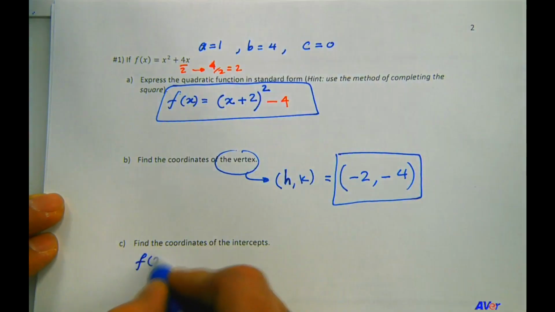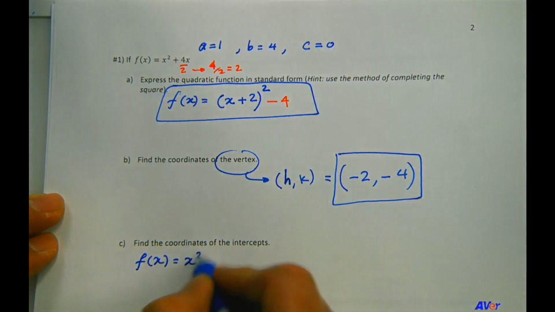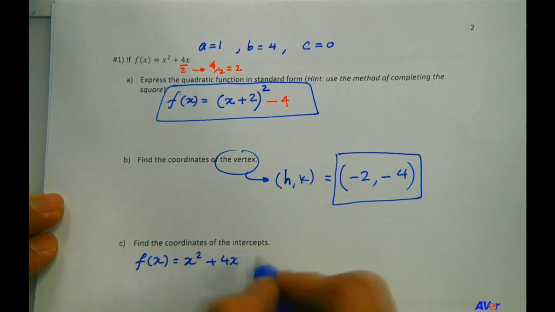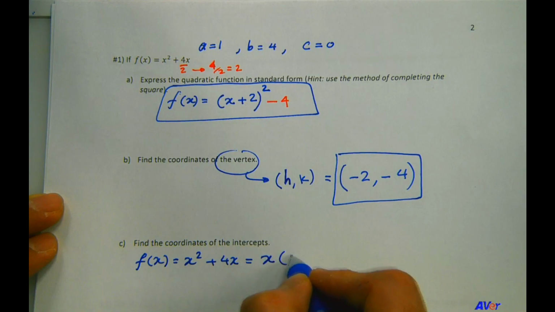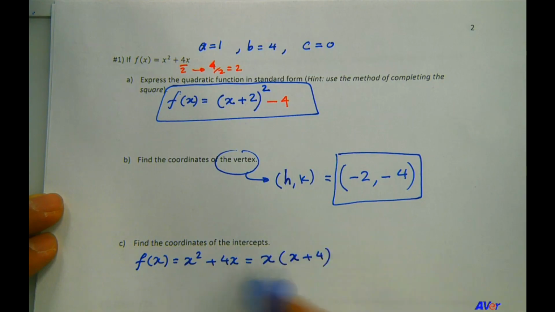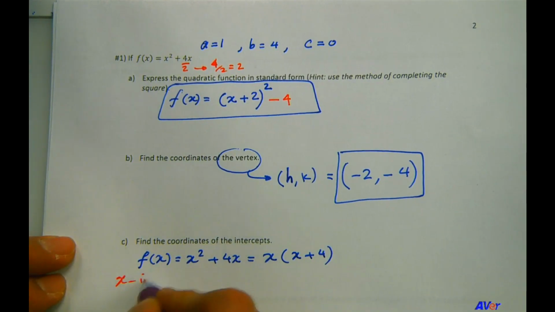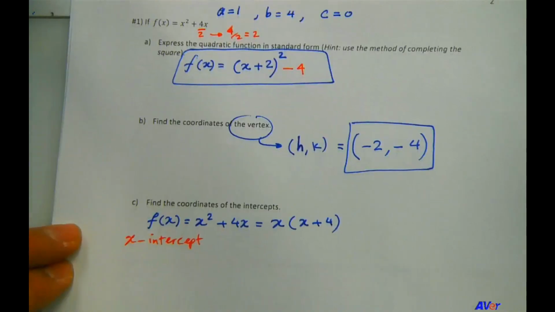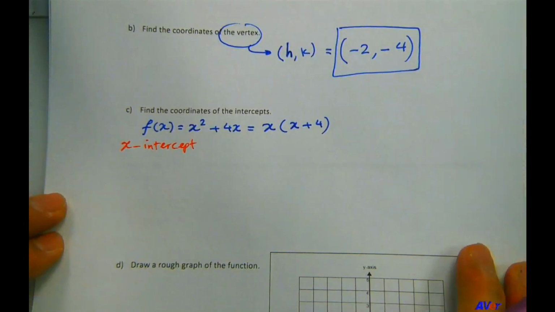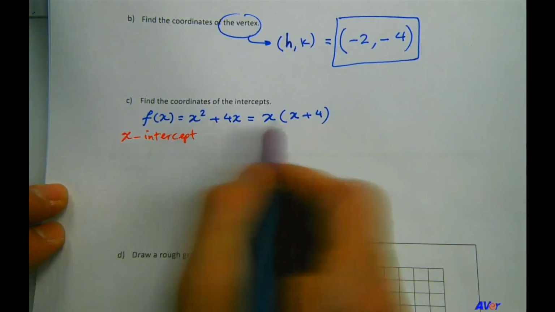So f of x equals x squared plus 4x equals x times x plus 4. So I factored this out. So for x-intercept, and let me move this up, so that's our function which I factored.